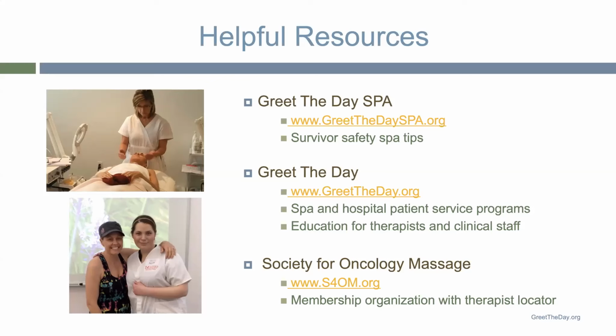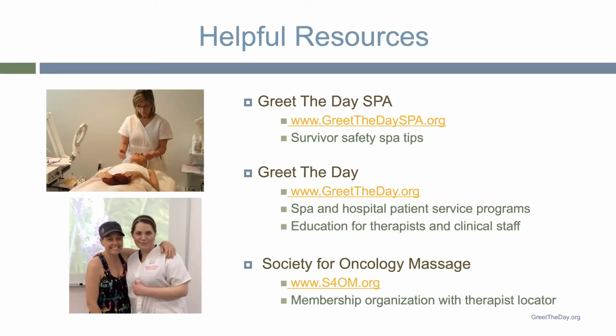For the therapists out there that are also dual licensed, you may look at the Society for Oncology Massage. So if you are a dual licensed massage therapist and you've already done some training, chances are likely that you've gone on to Society for Oncology Massage and become one of the therapists on their therapist locator.